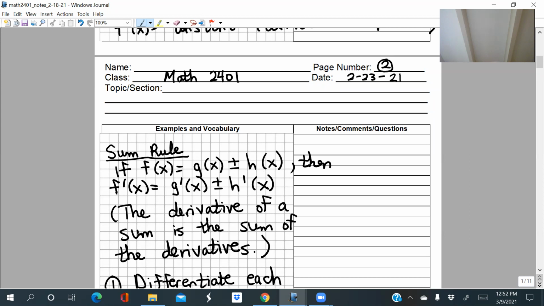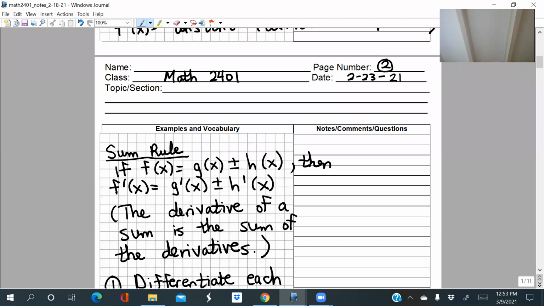If you take the derivative of a sum, not a product, because that's going to be different. But if you take the derivative of a sum, that is just the sum of the derivatives. It can be a difference too. You can have a plus or minus here. Then just take the derivatives of each of the terms separately.